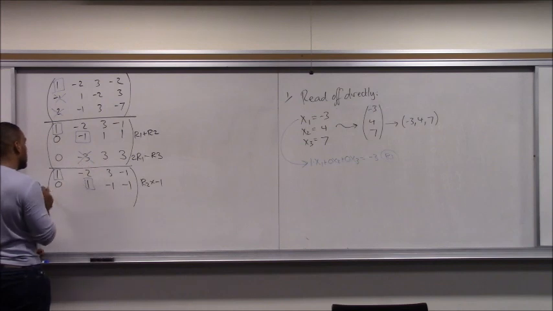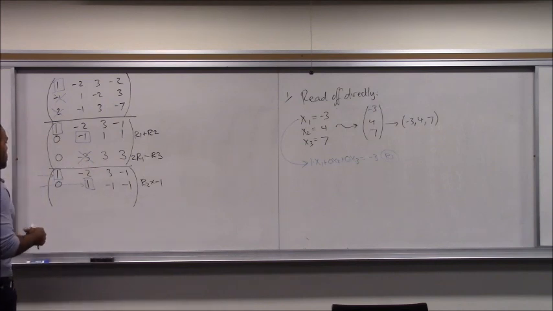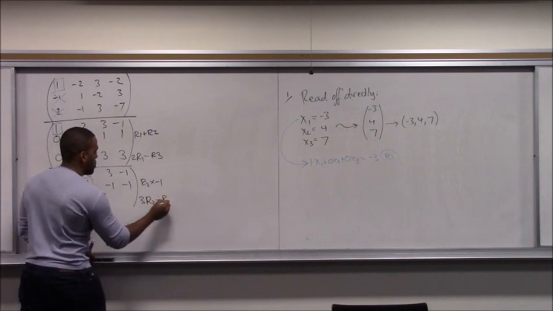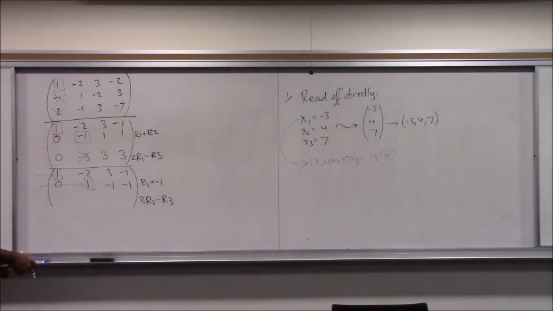I need this to be a 0. So how do I get this to be a 0? Multiply the second row by 3 and then subtract. Yeah, you can do that. 3 times row 2 minus row 3. So it's good. You want to have practice on seeing these things.